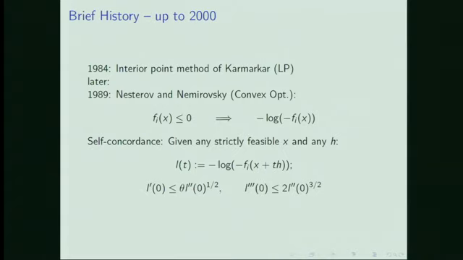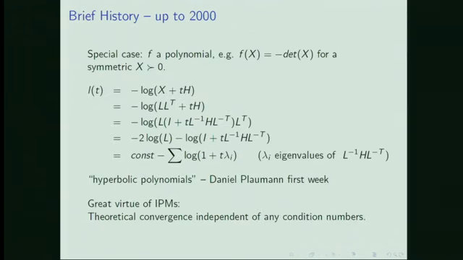And the nicest application known to everybody is when f of x is the determinant of a matrix x. Then the function L of t can be developed by using the Cholesky factor when x is positive definite, and then factoring the Cholesky factor, you see that the determinant of the product is the product of the determinants, so we can take the log out.